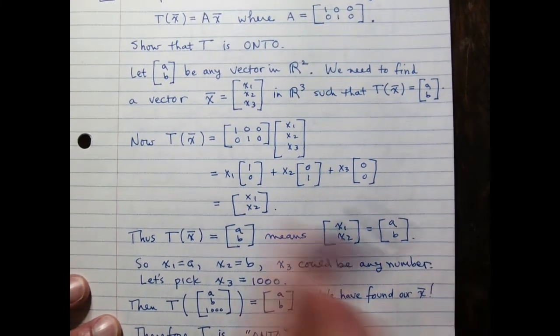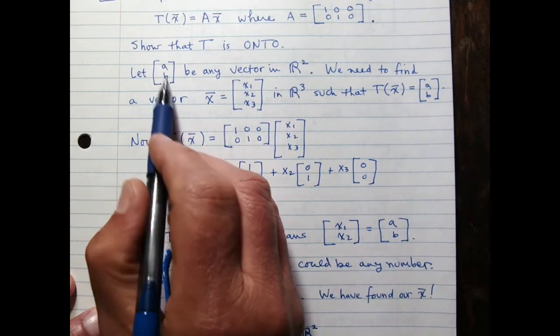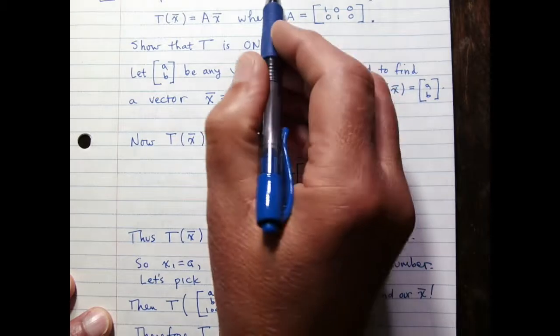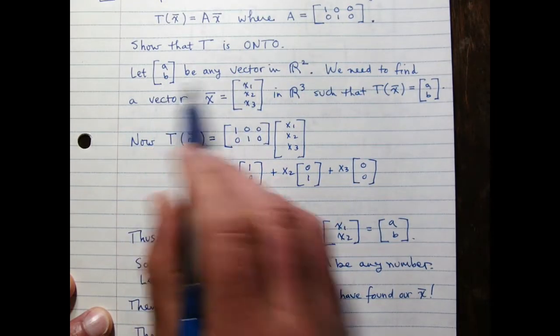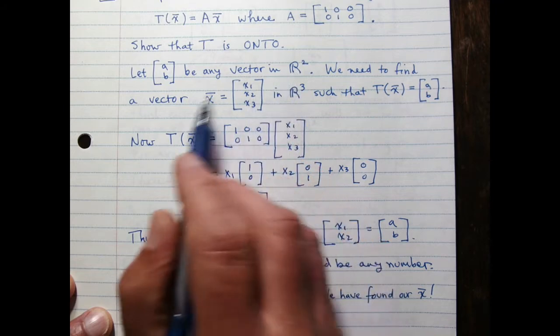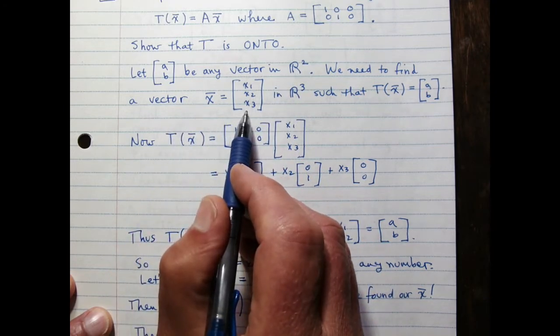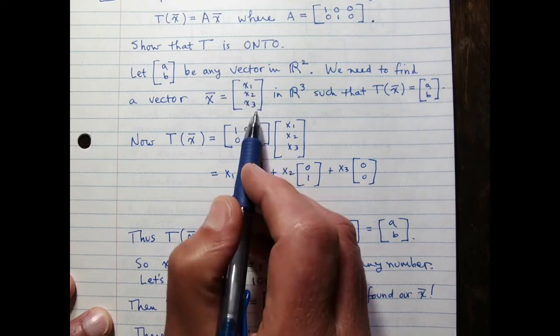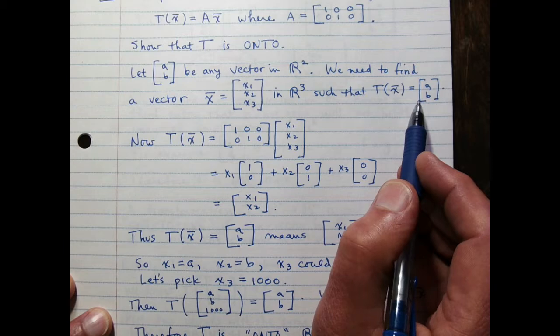To show that T is onto, I'm going to pick any vector in R2. I call it (a, b). It's a vector in the codomain space. I want to pick any vector at all in R2, and we need to find a vector x in the domain space, so it has three components, it's in R3, such that T of x equals (a, b).